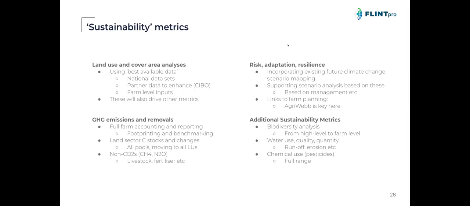For those that don't know, Flint Pro is a software package that integrates multiple streams of data to produce metrics about our land sector. We've worked in this space for a very long time. I've been working in the carbon accounting space in the land sector now for 25 years, which is somewhat disturbing in some ways.